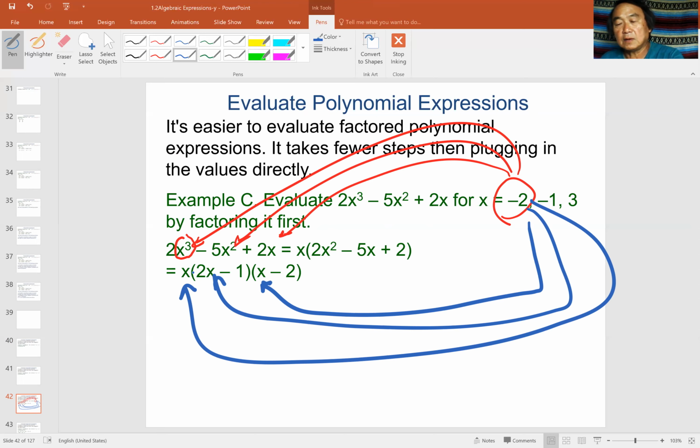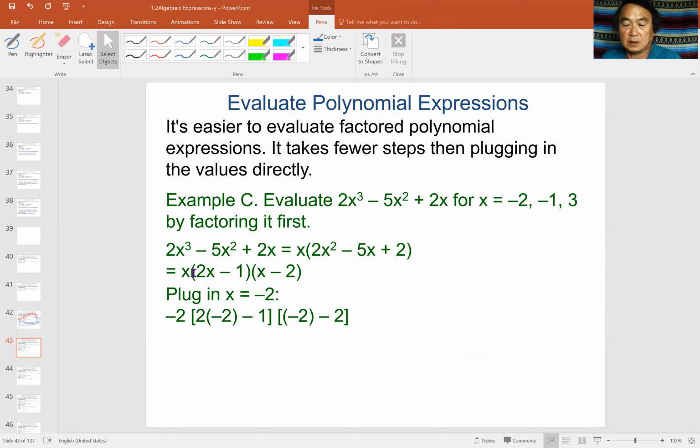The calculation through the factor form is a lot faster. It's going to be -2 times 3 numbers multiplied, which gives -4. The other way, you have to calculate -2 cubed and all that. Imagine what happens if it's a 10th degree formula.